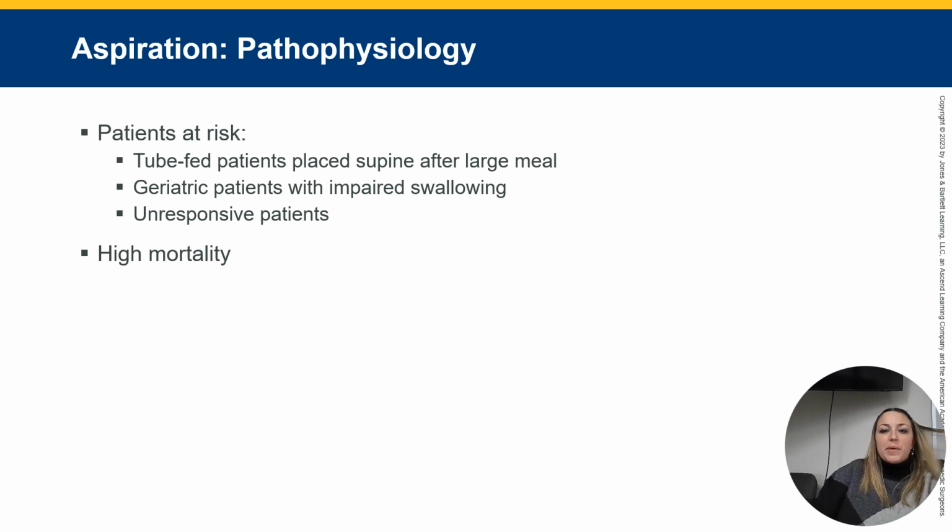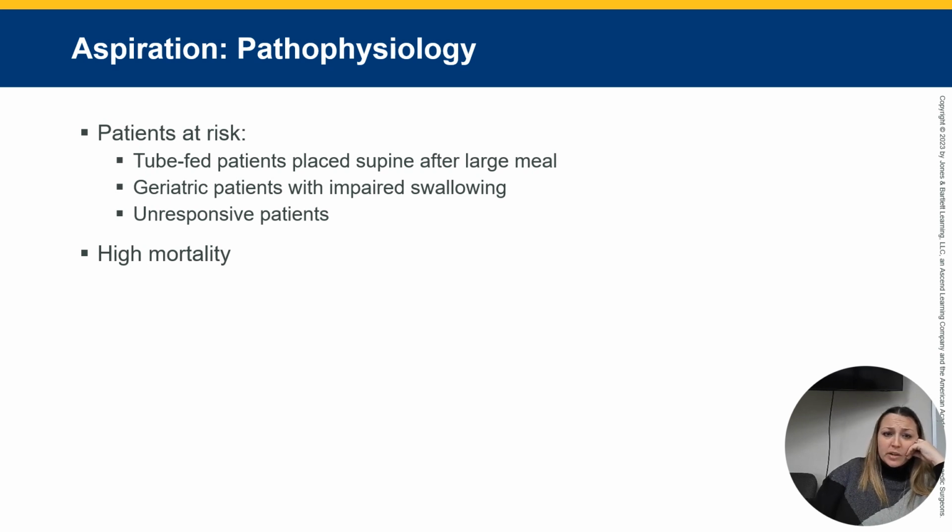Any unresponsive patients obviously have the risk of aspiration, as well as your geriatric patients that have impaired swallowing, whether it be because they have Parkinson's disease or ALS or whatever it is. Just be aware that that is a big risk factor for aspiration.